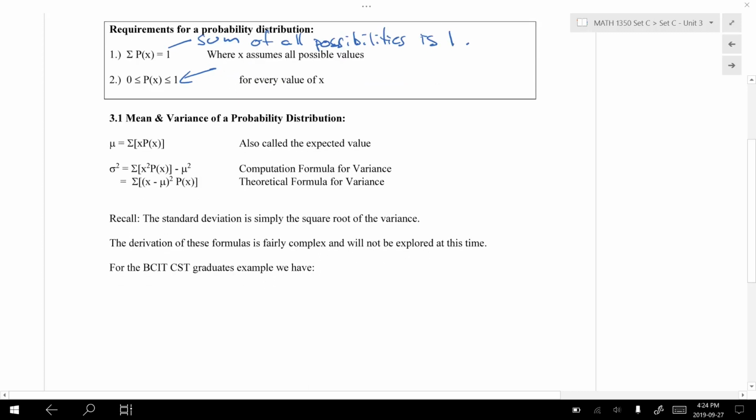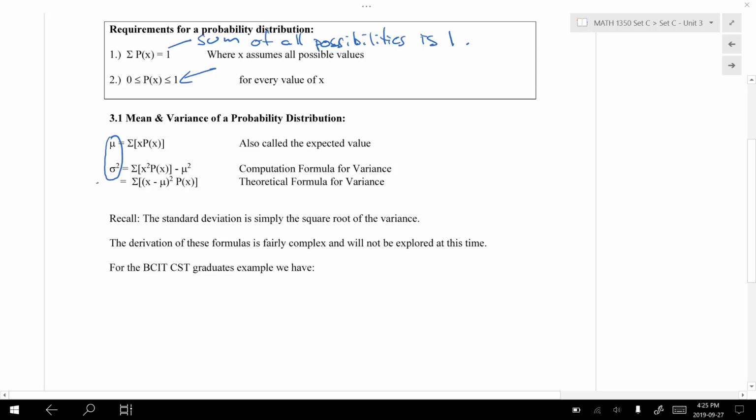Now, much like when we were working with data in descriptive statistics, we may wish to understand different properties of the probability distribution and may wish to calculate things like mean, sometimes called expected value, or variance, and correspondingly standard deviation. So as before, we have mu and sigma squared here.